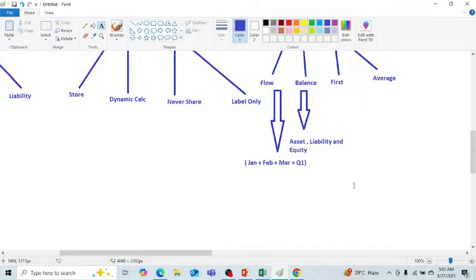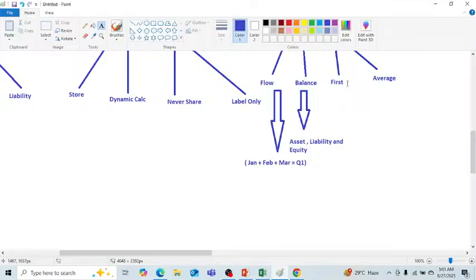For first, it is also simple. The parent's value is the same as the first child period. I am sure that you are getting the concepts clearly. You might be clear with the concept of balance: it is for balance sheet accounts, where the value of the parent is the same as the last child period. For example, quarter one cash balance is simply the March cash balance.